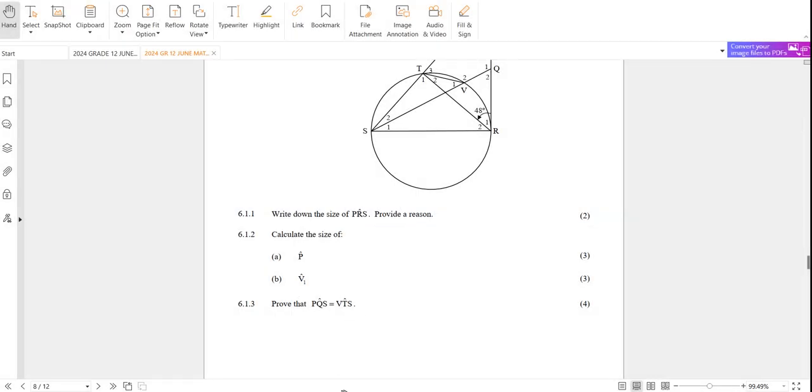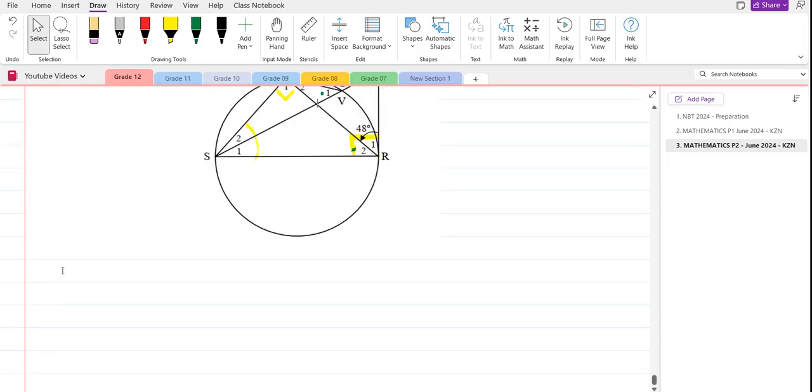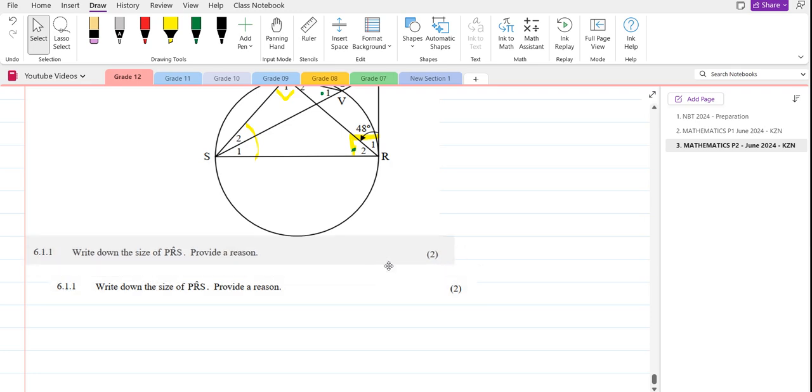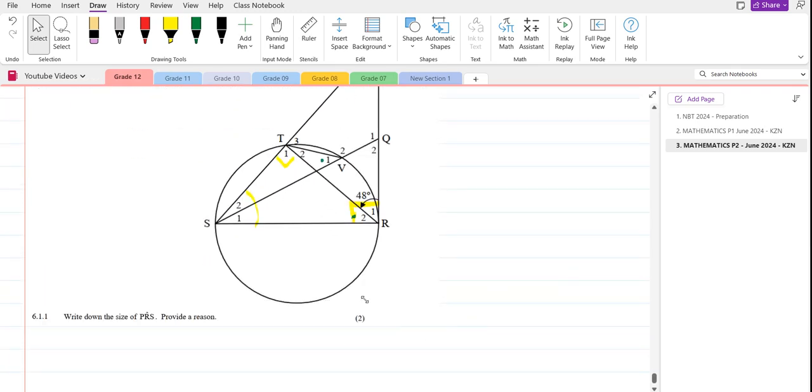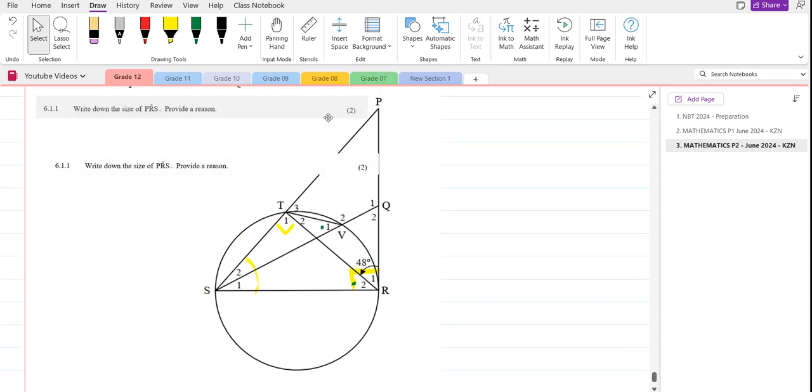Question 6.1.1. Write down the size of PRS with reasons. Okay, let's take this question up here and do it on this diagram. Write down the size of PRS, provide a reason.